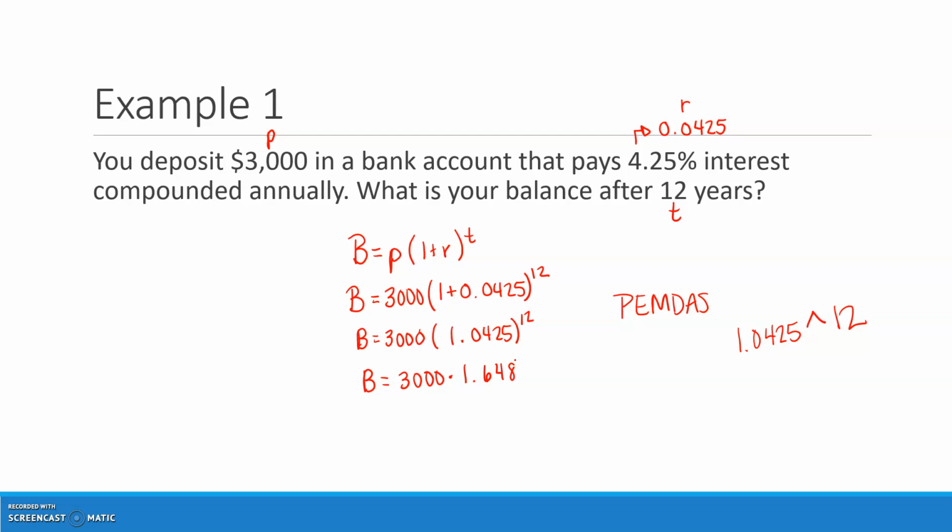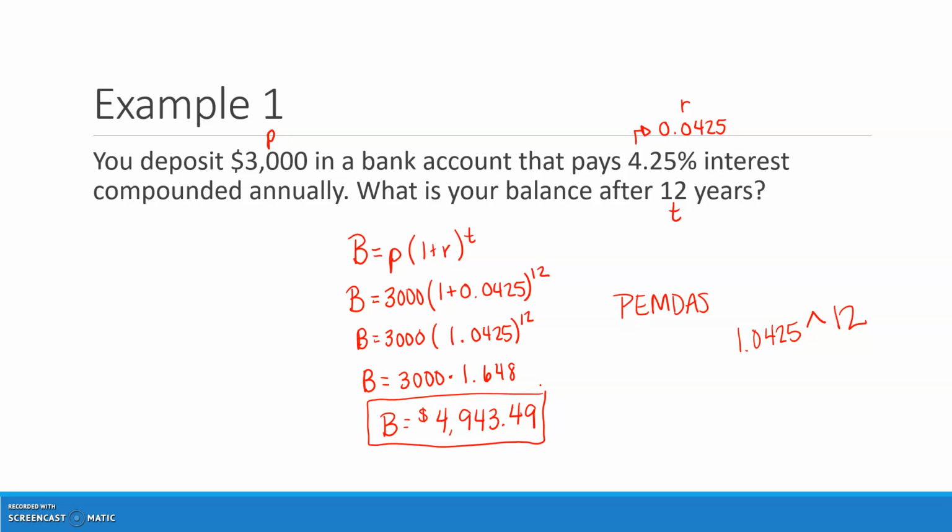You might only do 2, you might do 4. It doesn't really matter. I would say definitely doing 1 number after the decimal is not enough. So then we're going to take that answer and we're going to times it by 3,000, and we get 4,943.49.